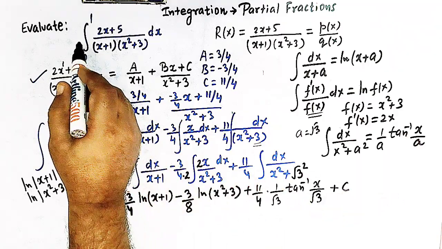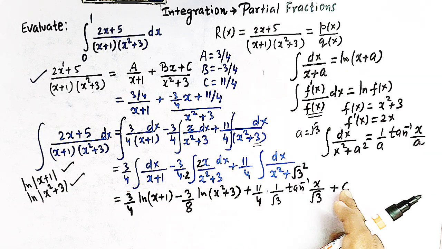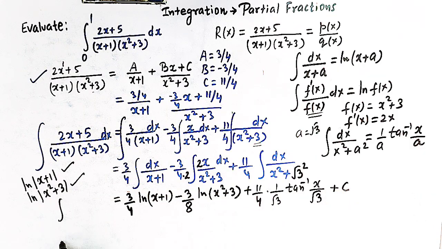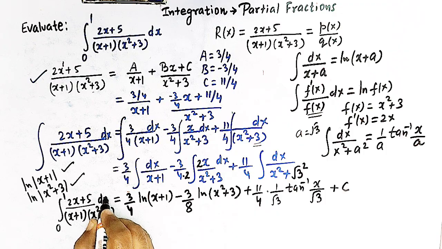But here we have to find out the definite integral. So now we can write here 0 to 1, and we have 2x plus 5 over x plus 1 times x square plus 3 dx.